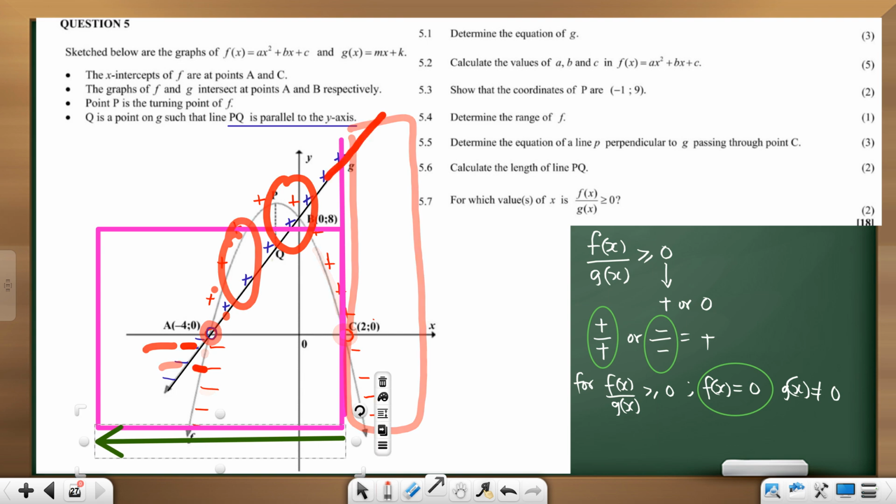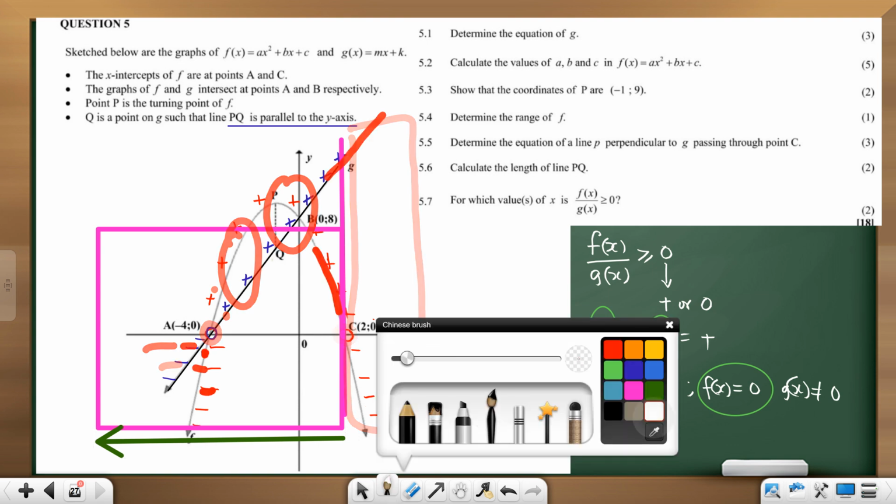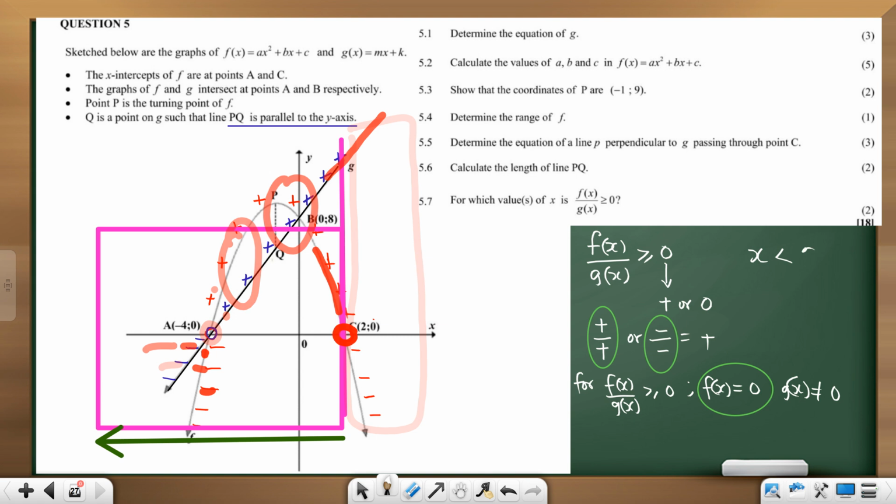And that's my inequality. X is less than 2. That's my first answer. Let me know if we are okay with that explanation. X is less than 2.